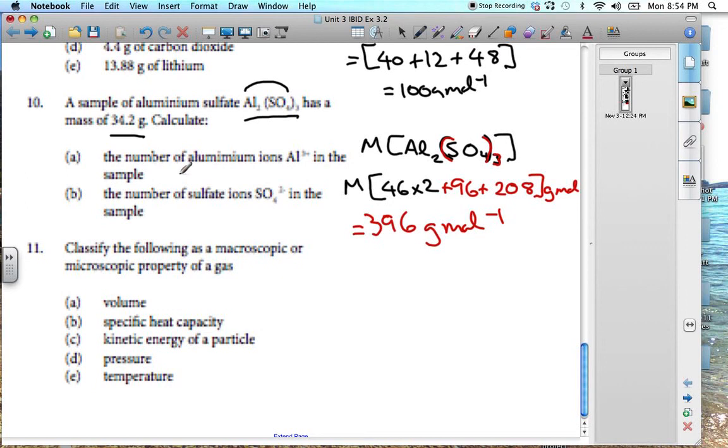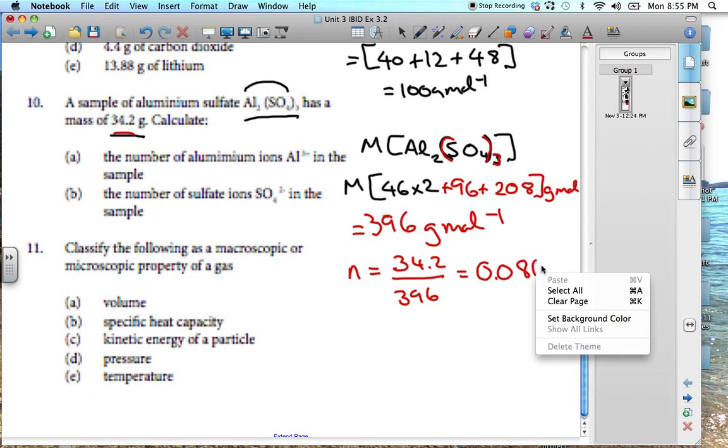Now you're actually told that you got 34.2. So the number of moles will equal 34.2 divided by the 396. I get number of moles equal to 0.086.